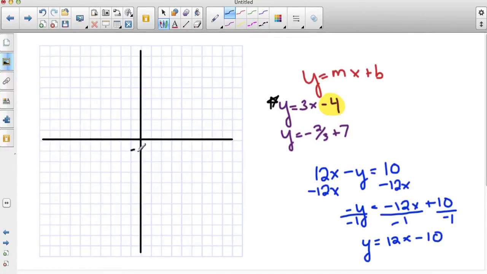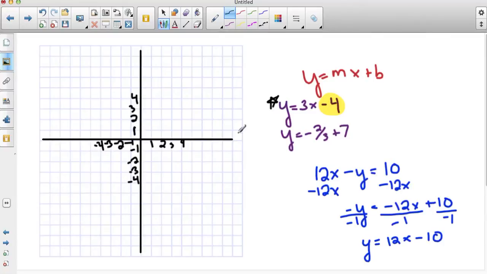This is negative 1, negative 2, negative 3, negative 4. That's a 1, 2, 3, 4, and 1, 2, 3, 4. And you guys get the bit. Negative 1, negative 2, negative 3, negative 4.